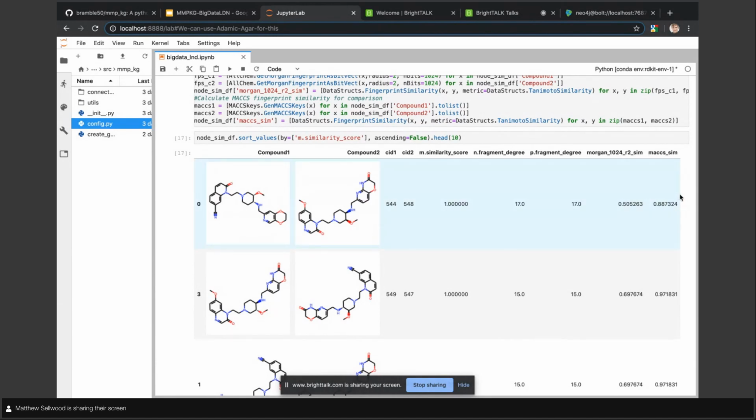If we compare these to the other two algorithms, we get quite a high MACCS fragment similarity, so this correlates quite well. The Morgan similarity here is slightly lower. The reason for this is that the 0.5 here still represents a fairly similar molecule, because with Morgan the threshold you select for being highly similar is generally somewhere above 0.3 or 0.4.